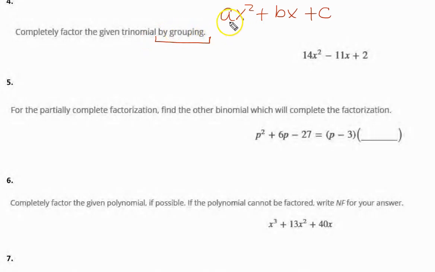So that method is related to what is called the AC method, where this is our A term, this is our C term. So we're going to multiply the A times C, which is 14 times 2, and get 28. Now we're then going to do the factors of 28. I'll put it here.